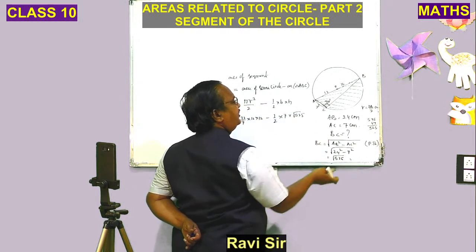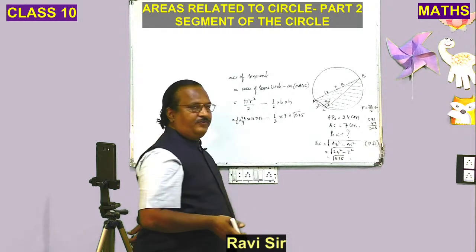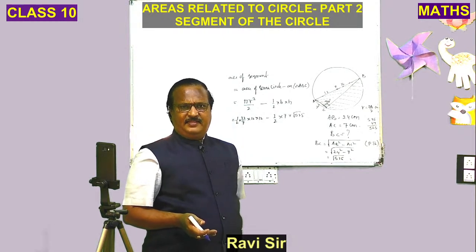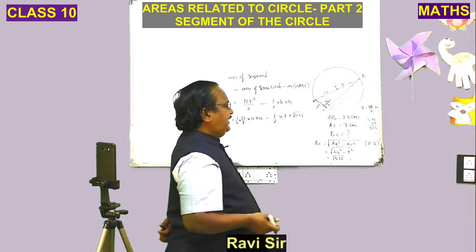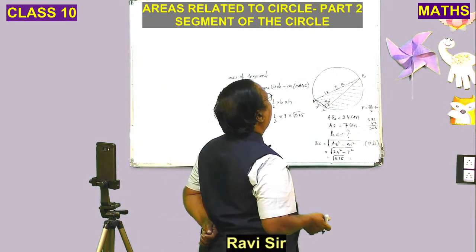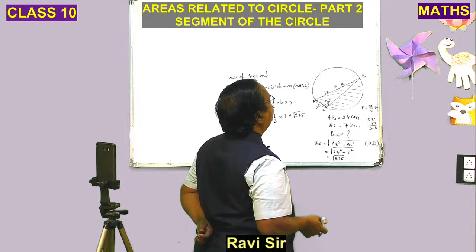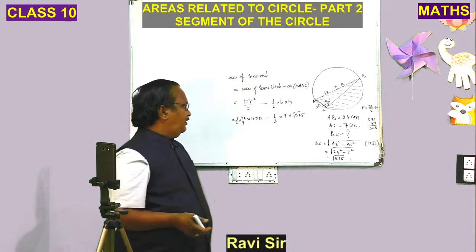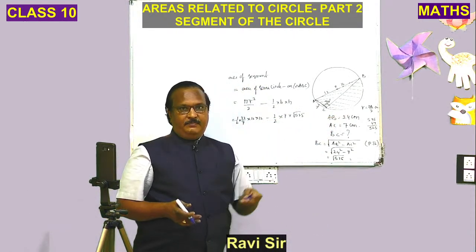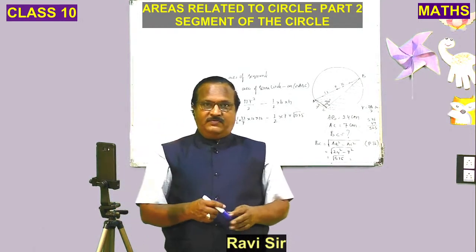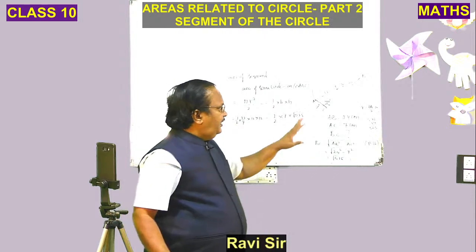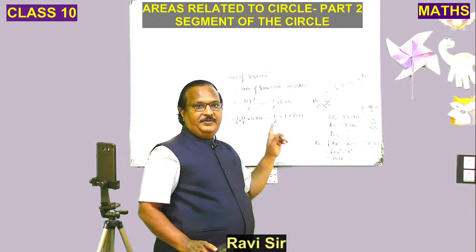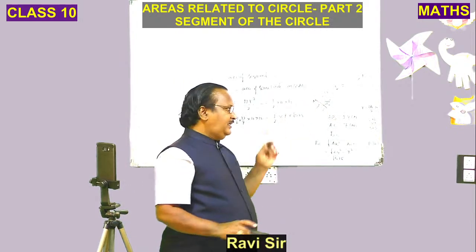So you just check it properly. 24 square is 576, I think. Okay, 576 minus 49, right? So that is the area of the segment. So whatever the problem you will be getting, you have to understand the figure and you have to find the target.